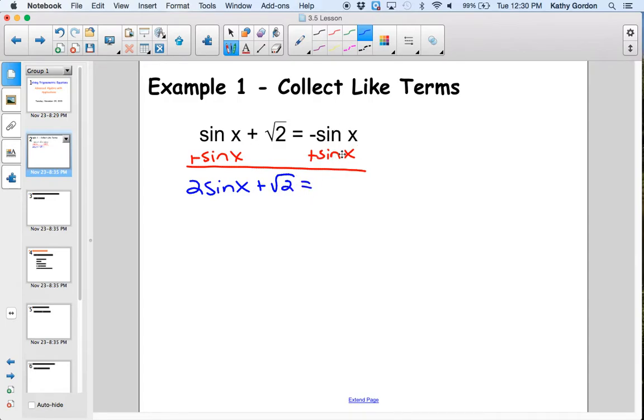And now this side, the sine x's are going to cancel out, and I'm left with a 0. Okay? So now all my sine x's are together. Now I want to isolate it. So I need to get all the numbers over to the other side. So what should I do first to move numbers?